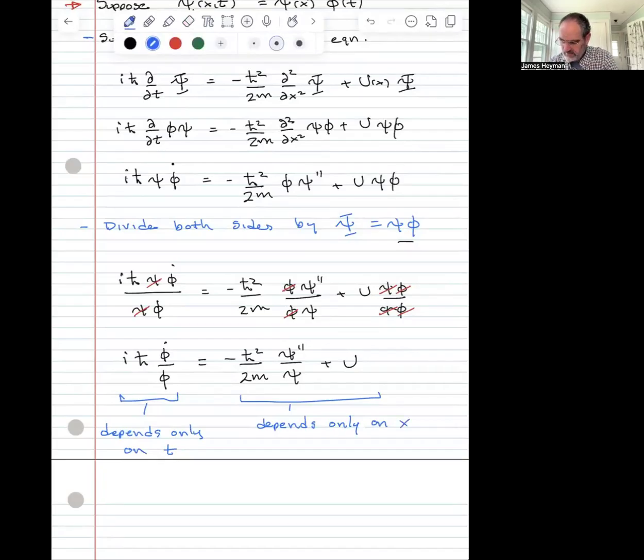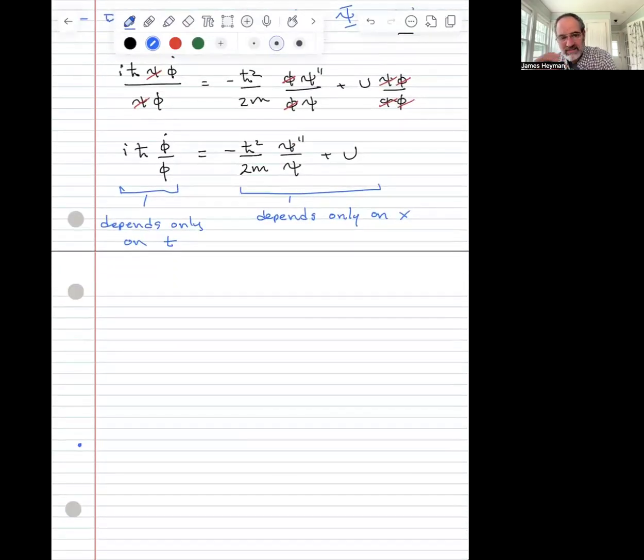So that's kind of interesting. What's even more interesting is that because these two terms have to be equal to each other for all values of x and t, both terms have to be constant. That is, the right side and the left side are independent of x and t. Let's think about why that's true. Suppose we pick a particular moment in time, t equals 0, or any other time.